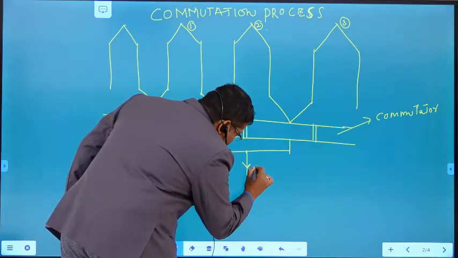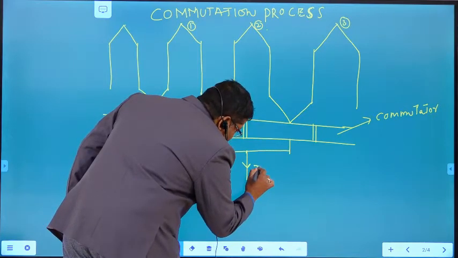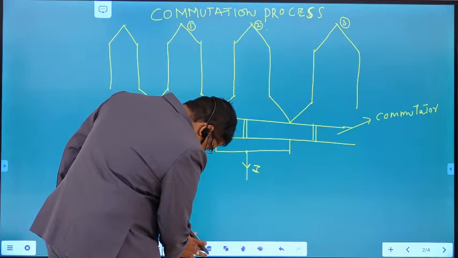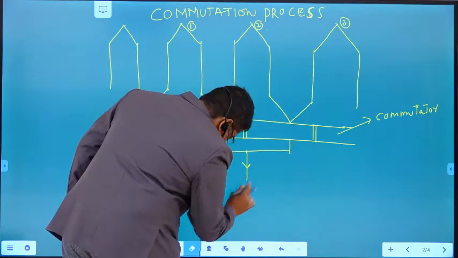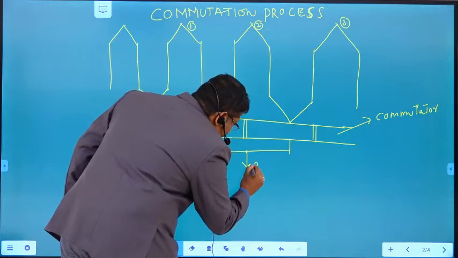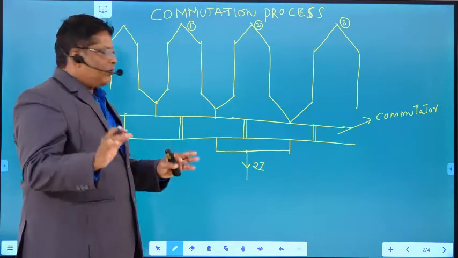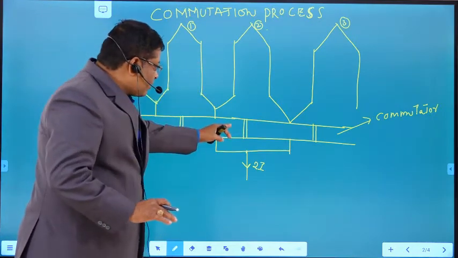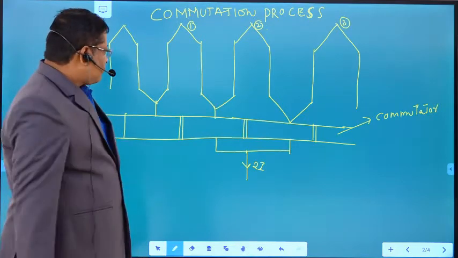Take each coil's current as I amperes, and the sum of the current collected from the coils through the commutator segments, 2I amperes, is given to the load.